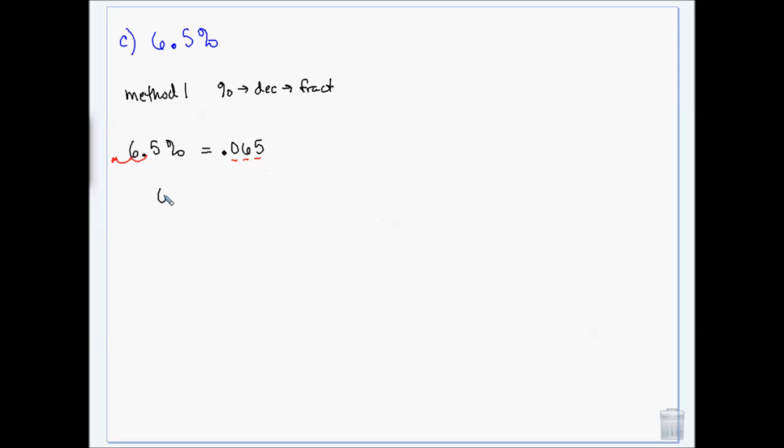So that's going to give me 65 over 1,000, which will divide by 5, which I knew because 65 ends in 5 and 1,000 ends in 0. 65 divided by 5 is 13, and that's 200, and 13 and 200 don't divide by anything, so I'm done.